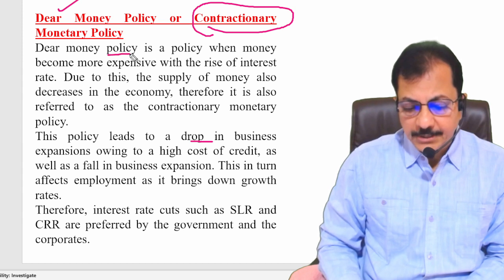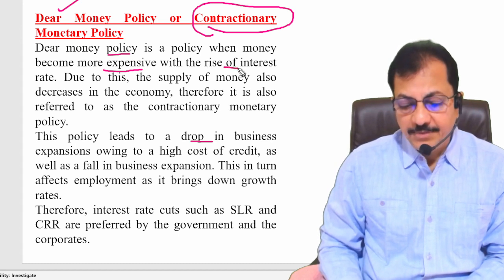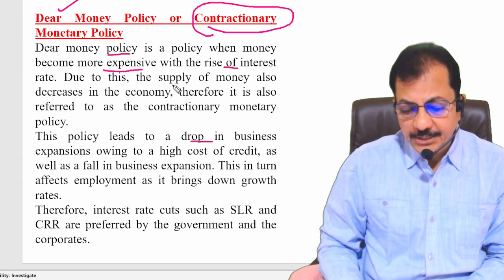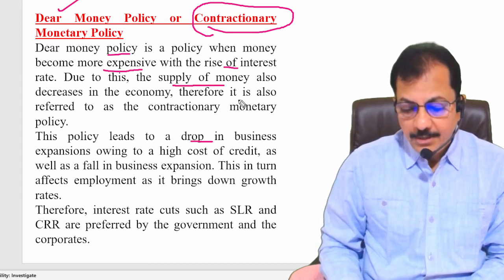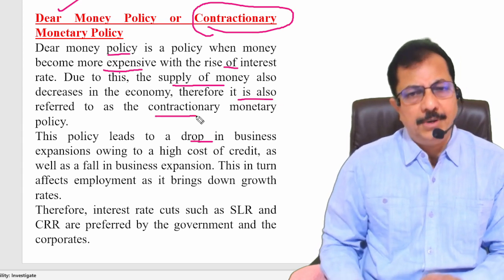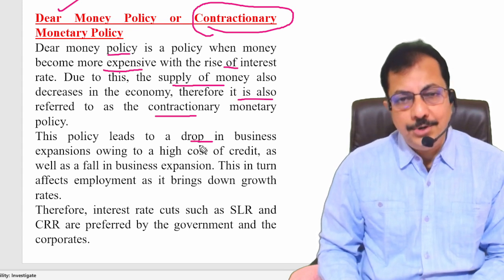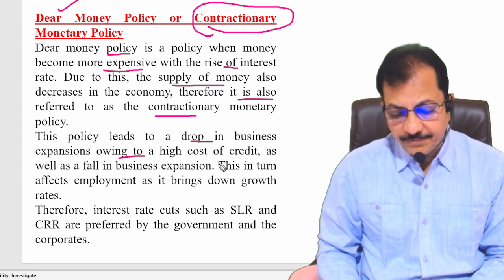Dear money policy is a policy where money becomes more expensive with the rise of interest rates. Due to this, the supply of money is also decreased in the economy. Therefore, it is also referred to as a contractionary monetary policy, which we know. This policy will lead to a drop in business expansion owing to the higher cost of credit.